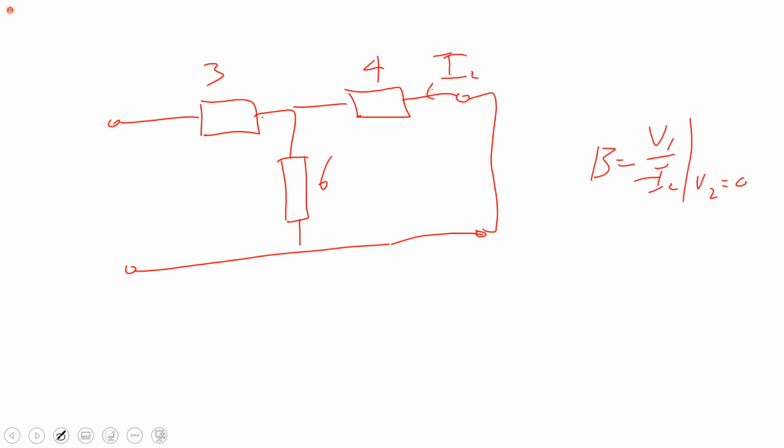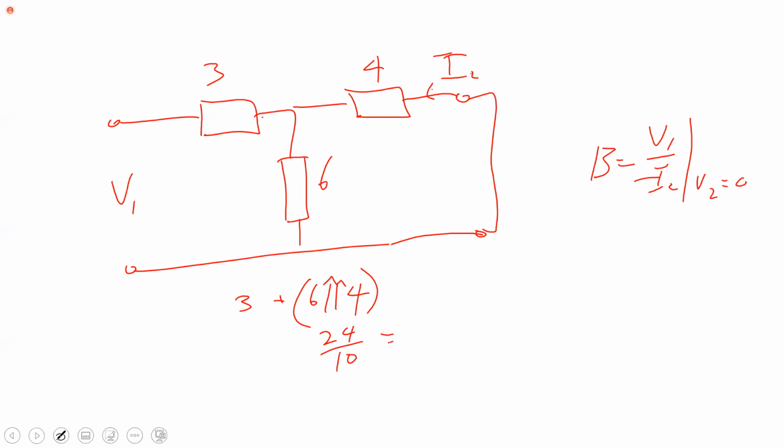So we want V1, so it's 3. And over here we'd have 6 in parallel with 4, right? So this is 24 over 10.